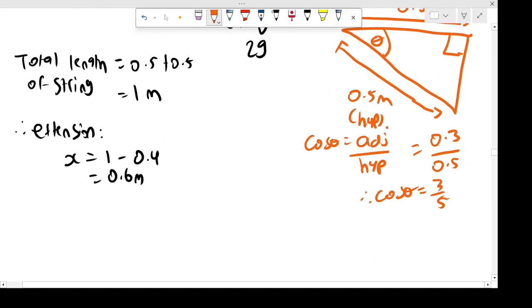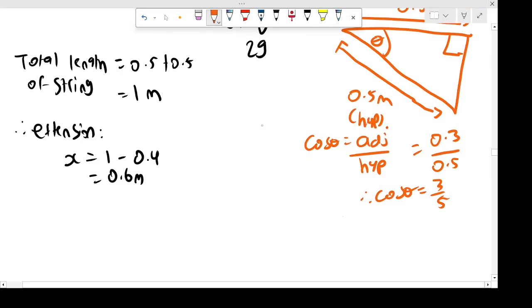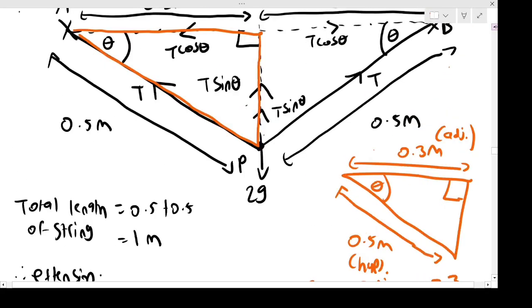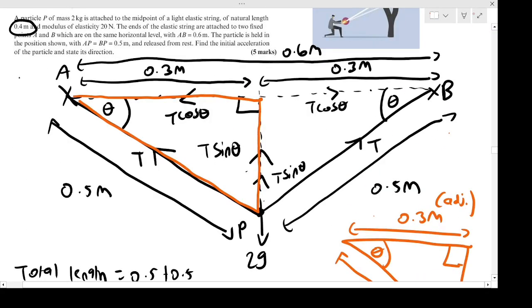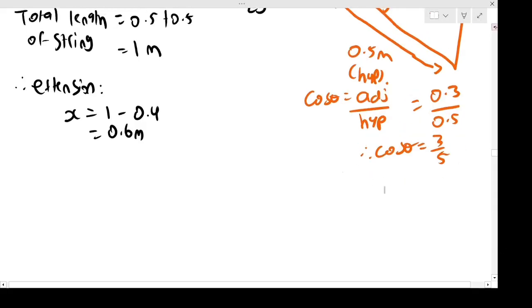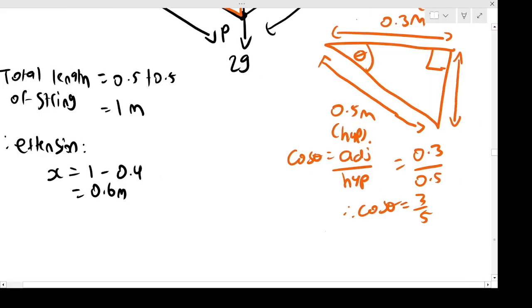Now, actually, we could then just proceed to find theta, but we don't really need theta on its own. All we need is sine and cos theta. Now, I know that cos theta is 3/5. So if I now find this side here by using Pythagoras, that's going to be 0.5 squared take away 0.3 squared.